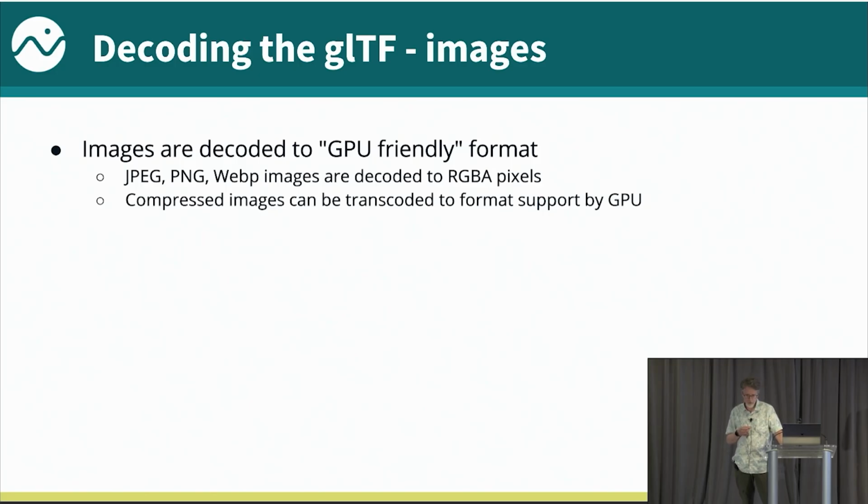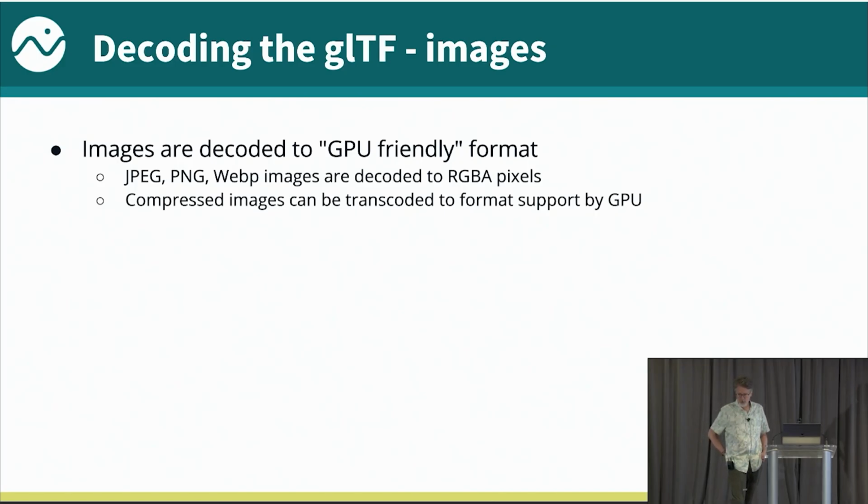So when Cesium Native reads a glTF, it does a lot of decoding for you. One thing that is convenient is that the image formats are decoded into something that you could load to a GPU fairly directly. That is to say, simple things like JPEG and PNG are decoded to raw pixels, which can be uploaded.